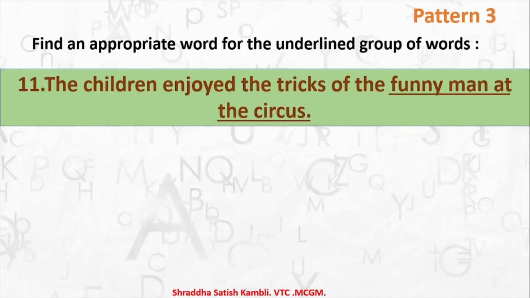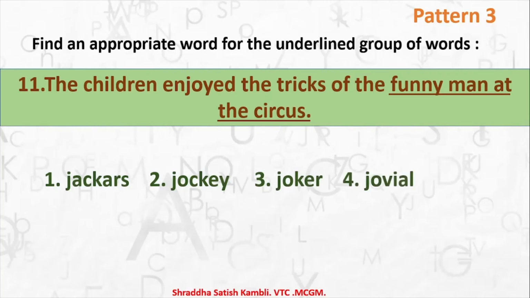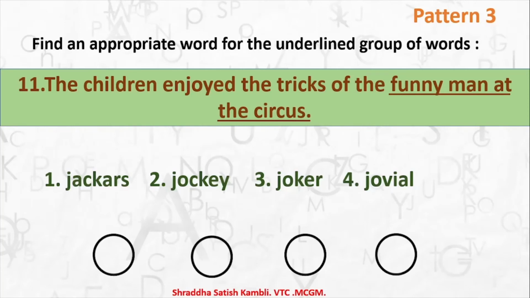The children enjoyed the tricks of the funny man at the circus. The funny man at the circus could mean jackers, a jockey, a joker, or a person who's jovial. So what is the exact answer? The children enjoyed the tricks of the joker at the circus.